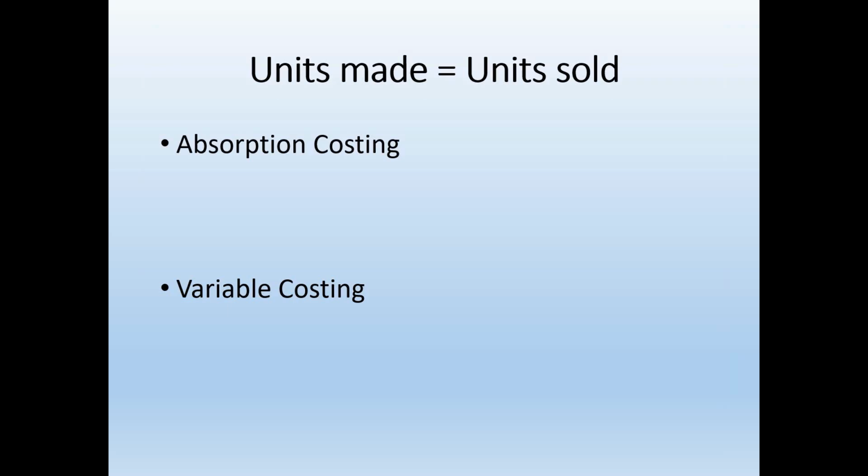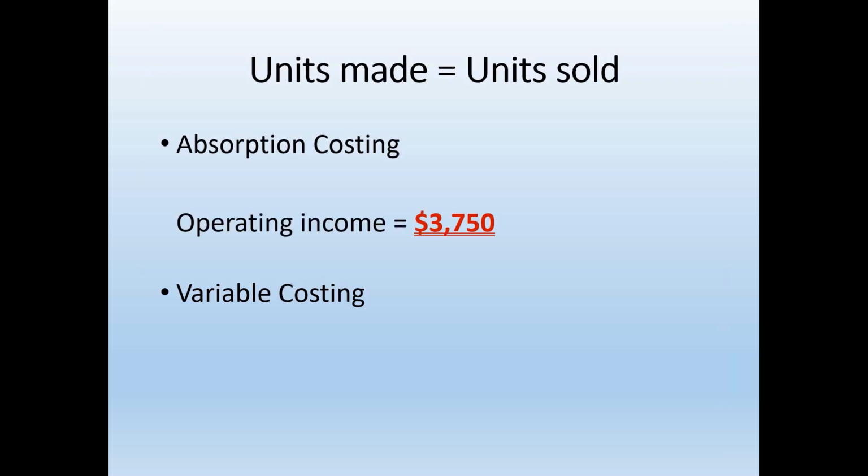Let's compare the two methods. Operating income under absorption costing was $3,750. Operating income under variable costing was also $3,750.